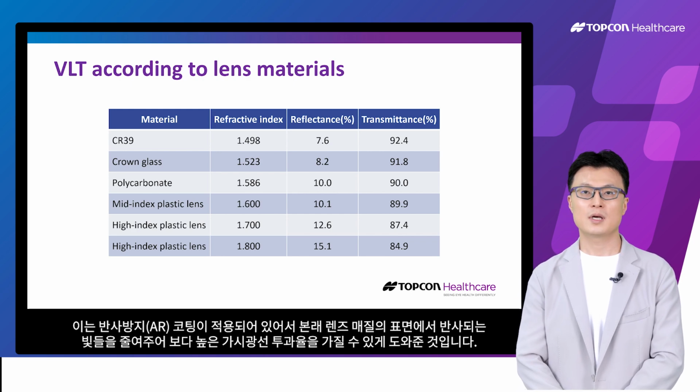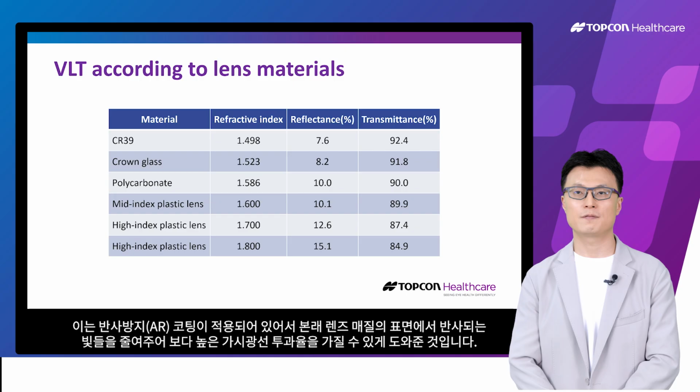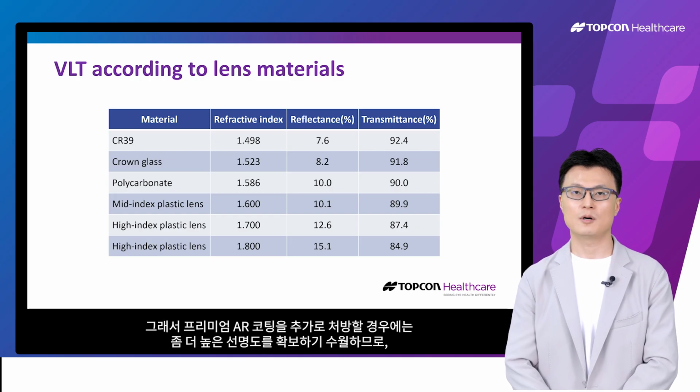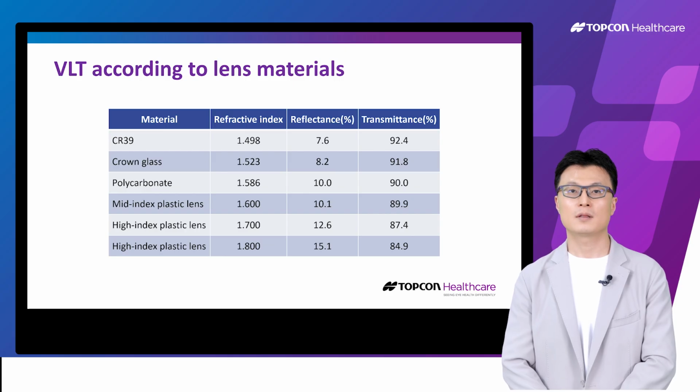That's because they have an anti-reflection coating that cuts down on the light reflected off the lens surface, allowing more light to pass through. So, if you opt for a premium AR coating, it becomes much easier to achieve higher clarity. This is something worth considering when prescribing lenses.